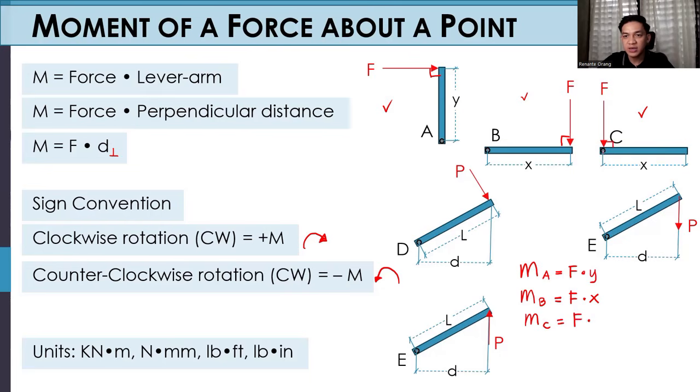But as you can see, yung ating point C and yung force F doesn't have a distance. So kumbaga, this is multiplied by 0, so wala tayong moment at point C.